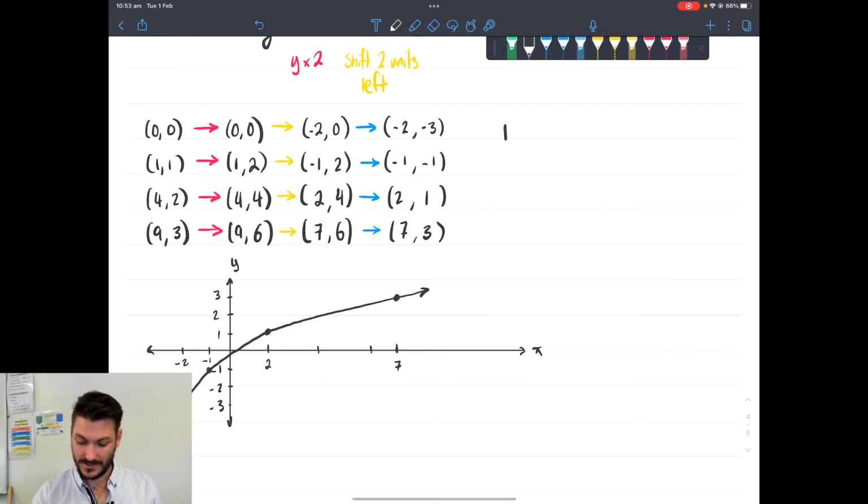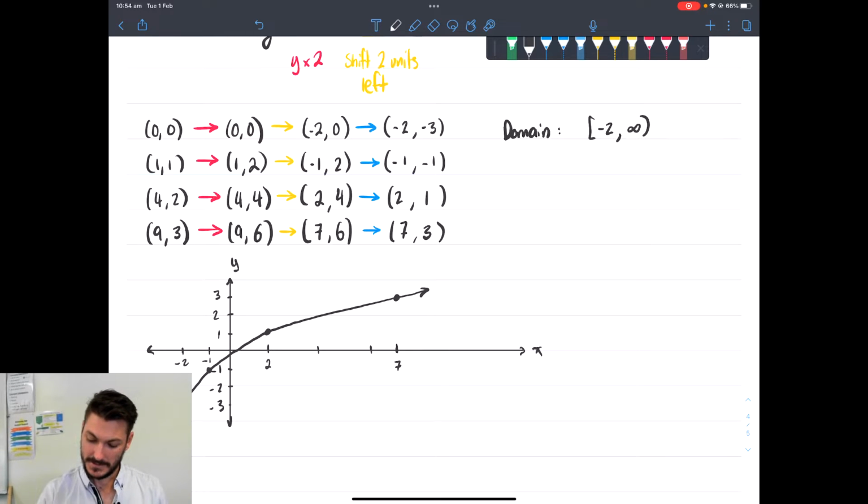So if we wanted as well, this is not part of the question, but it's worth doing. The domain for this function is going to be from -2, that's inclusive, because it can be -2, all the way up to infinity. Okay, obviously a parenthesis there because infinity is not a number, it's a concept. And my range, that -3 does get included also.